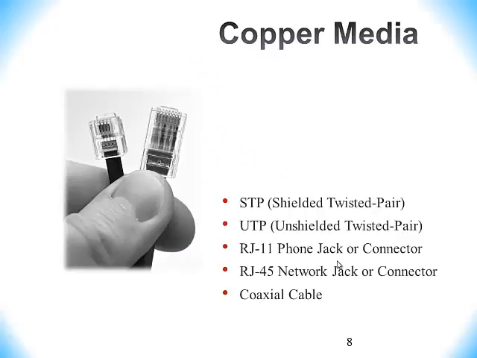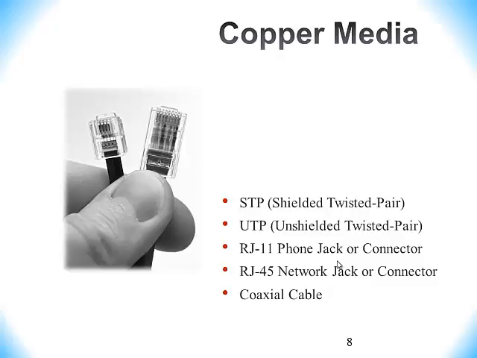Alright. New technicians commonly mistake an RJ11 phone jack or connector for an RJ45 network jack or connector. An RJ11 connector has 4 conductor wires, and an RJ45 connector has 8 conductors.